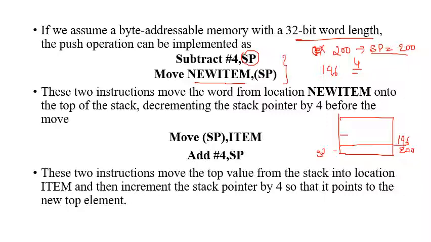Now when you perform the push operation, that is, move the new item to the address pointed by SP, the new item value will come and get stored here. This is how the push operation is performed. So these two instructions move the word from location new item onto the top of stack, decrementing the stack pointer by 4.